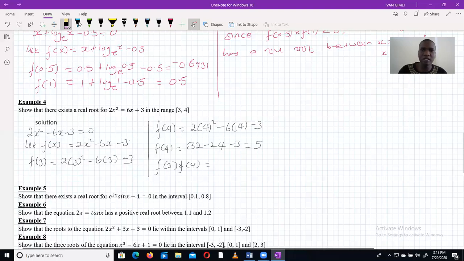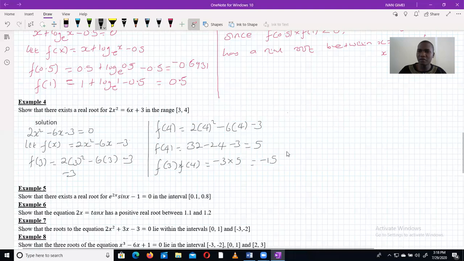So 18 minus 18 minus 3, I am left with negative 3. So this will be negative 3 times 5, which gives me negative 15.